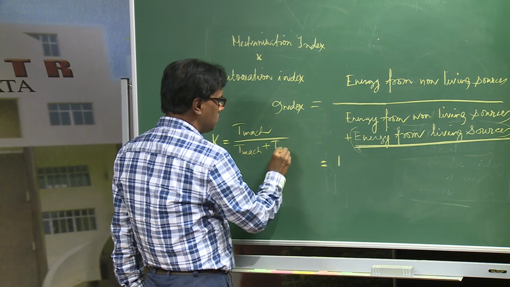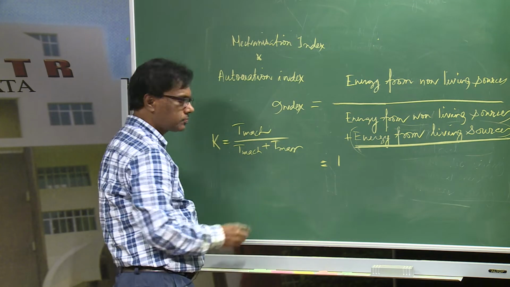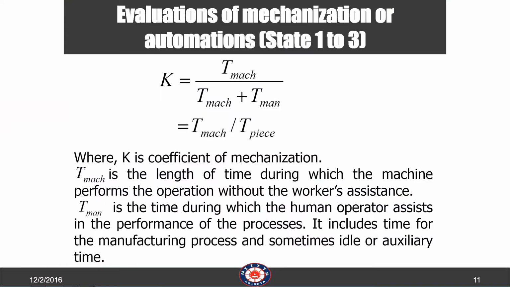K is a coefficient of mechanization. T mac is the length of time during which the machine performs the operation without the worker's assistance, and T man is the time during which the human operator assists the manufacturing process, sometimes idle or auxiliary time.